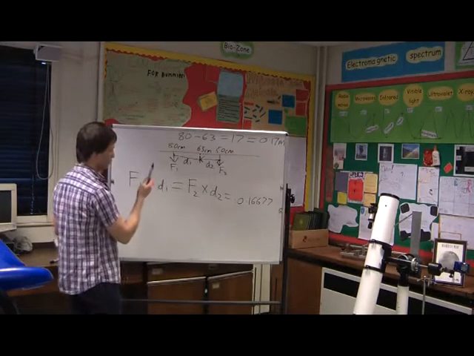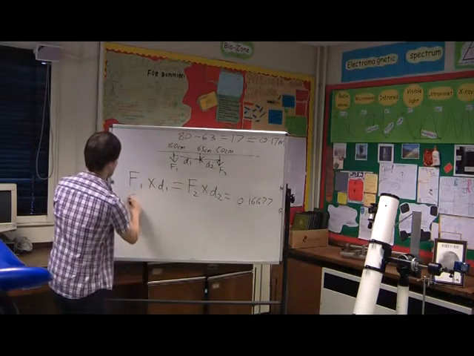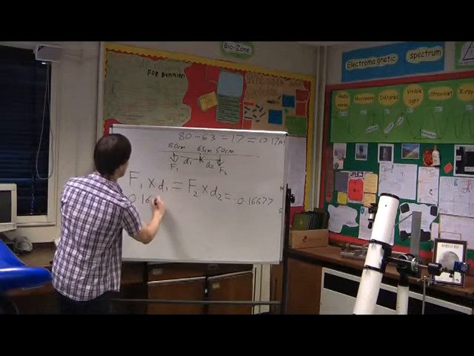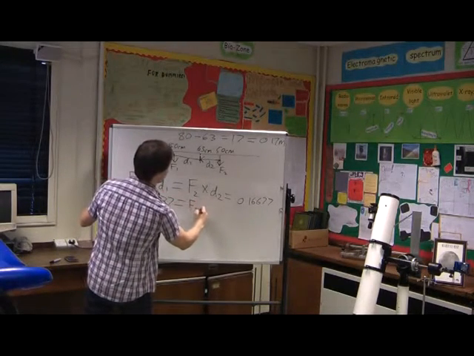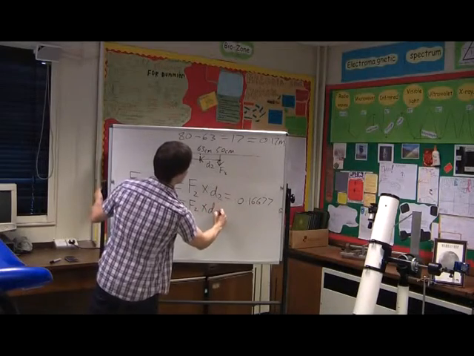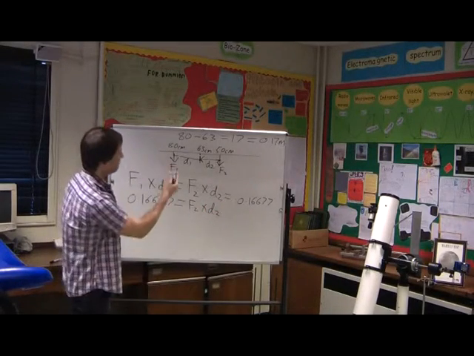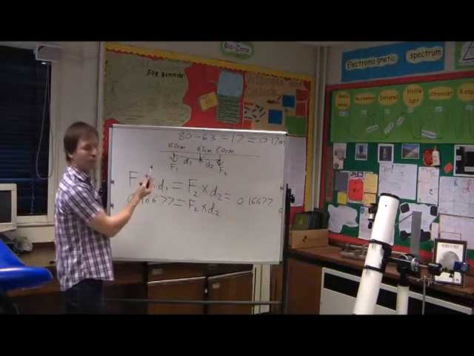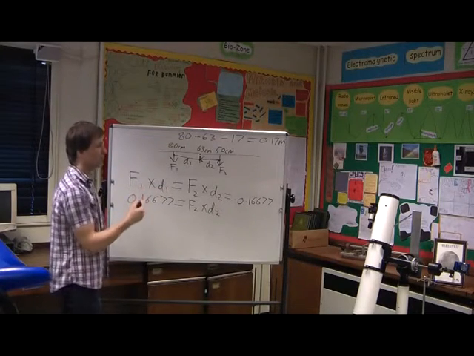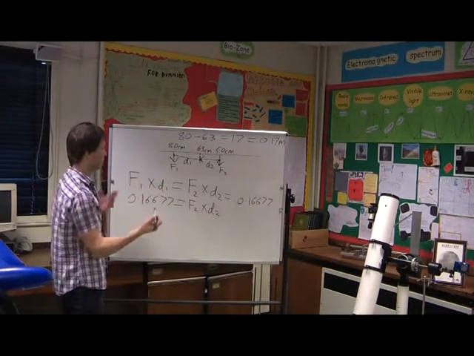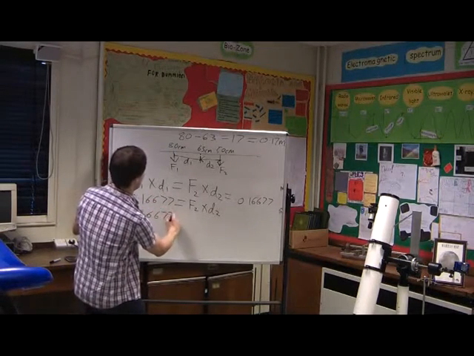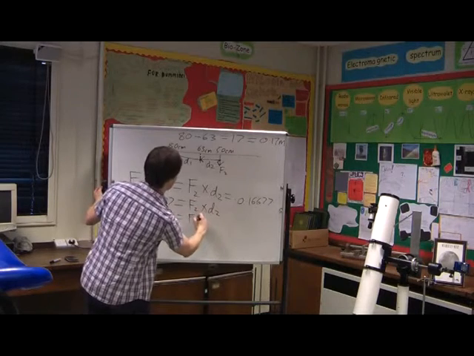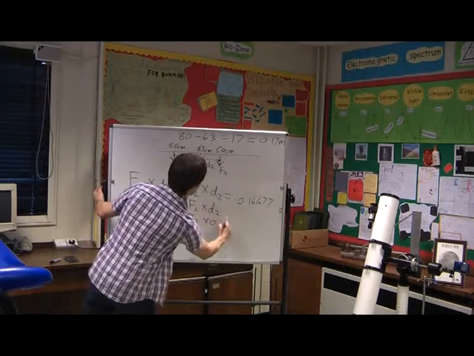We know that all of this here must equal 0.16677. So let's write this out. 0.16677 must equal force 2 times distance 2. Now we have distance 2 from the measurement there: 13 centimetres, 0.13 metres. So 0.16677 equals F2 times 0.13.